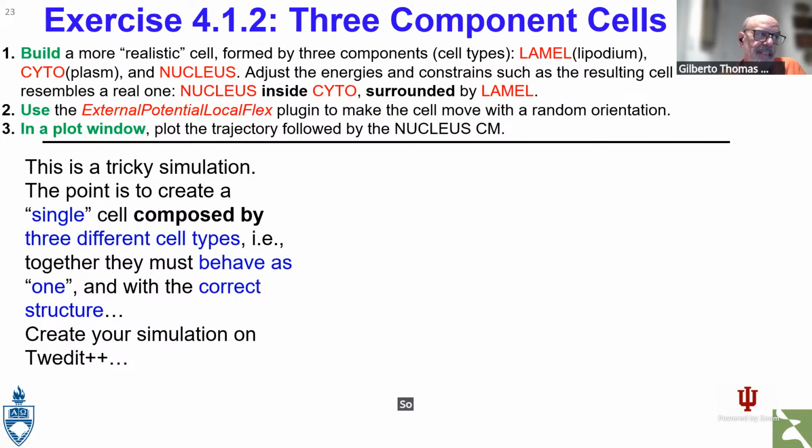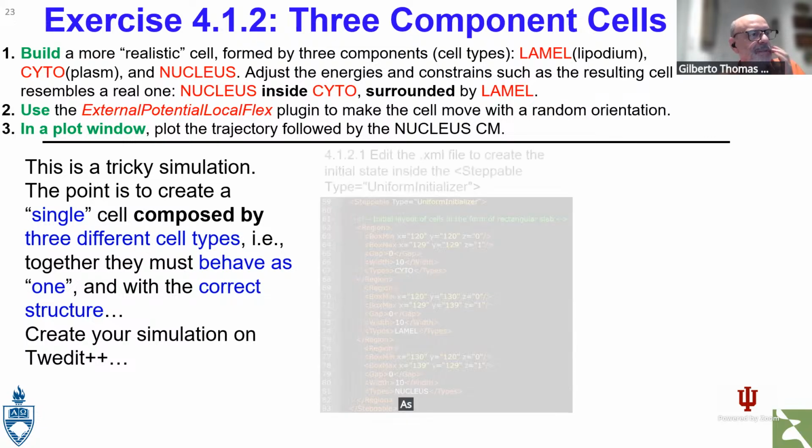So this is, as I said, a tricky simulation because we have to build our three-component cells. How do we do that? We have to create three different types of cells: a nucleus, a cyto, and a lamella, and make them work together as a single cell. Okay?